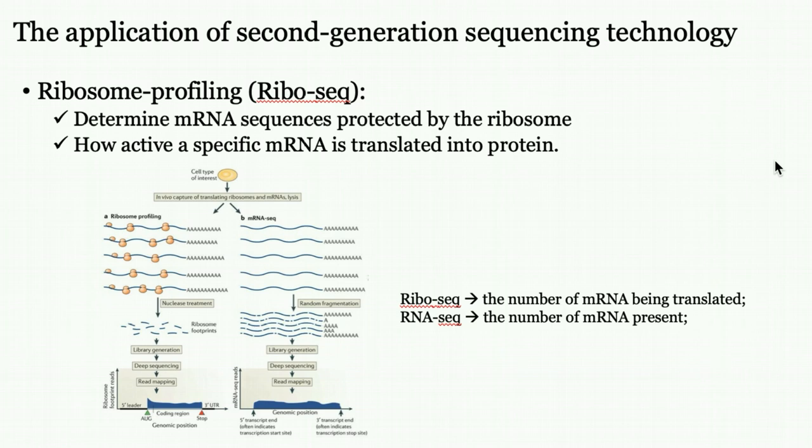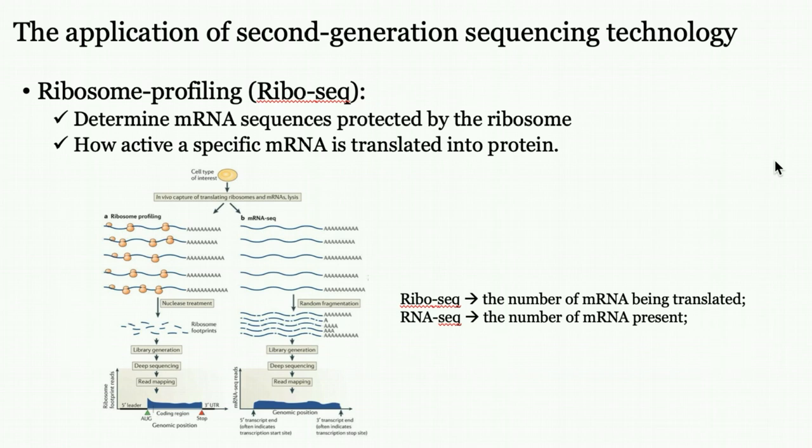If a position is bound by a ribosome, you can apply some chemical so the ribosome will stop at that place. Then you apply an enzyme to remove all the mRNA that is exposed, and only keep the fragments that are protected by the ribosome. Then you sequence those fragments, and you can know where the ribosomes are on the mRNA.